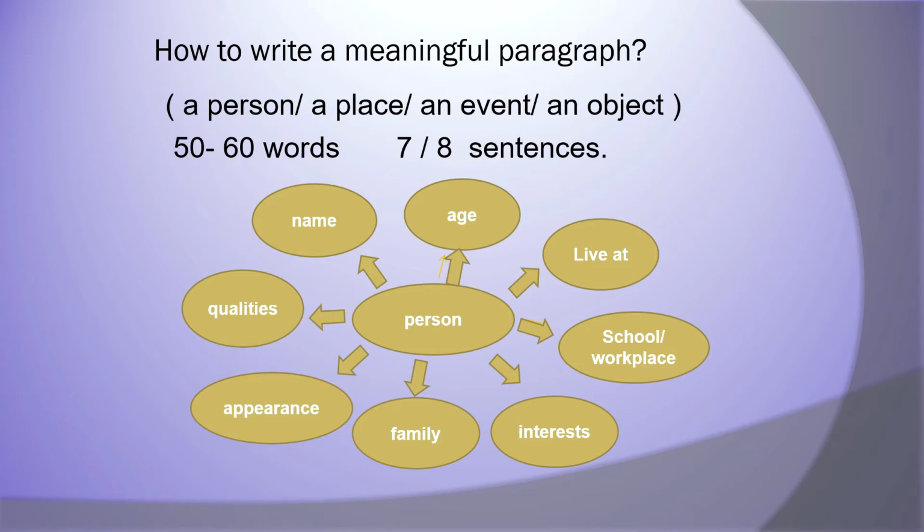If the person is a student, the school where he or she studies, or the place where he or she works, workplace. Next, we can talk about the interests of that person. Also, we can say something about that person's family. Then we can talk about the appearance of the person.